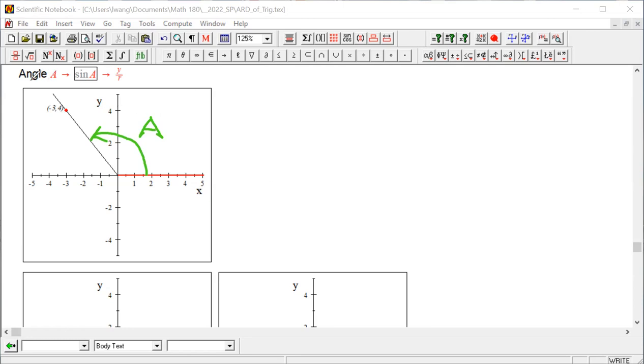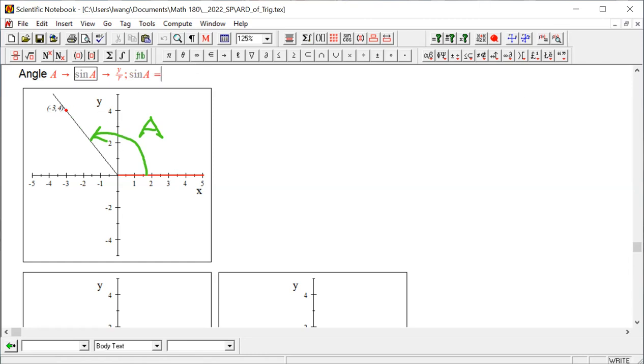How do we figure out the sine of A? We find a point arbitrarily on the terminal side, because I can find any point on the terminal. Therefore, I'm going to use this point. So the sine of A equals y over r.